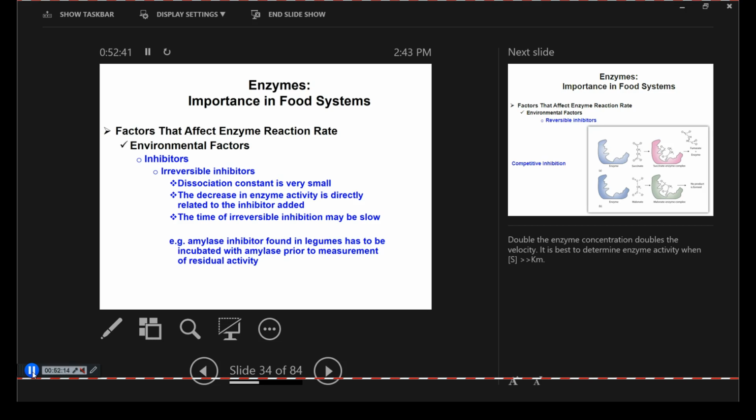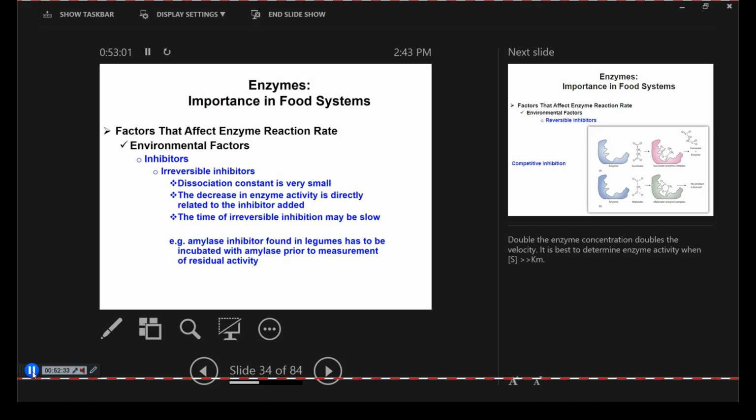So if we want to test the presence of alpha amylase inhibitor in legumes by an assay, the assay requires that you have an amylase and the substrate, and then you add an extract from the legumes to determine whether or not you have that inhibitor.